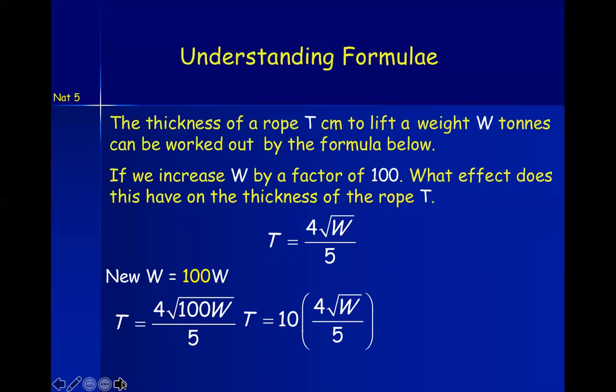Because now the 10, you can write it outside. The original thickness of the rope has been multiplied by 10. So if you increase the weight by 100, you need to make the rope 10 times its size, basically, if it was to support that kind of weight, based on this formula.